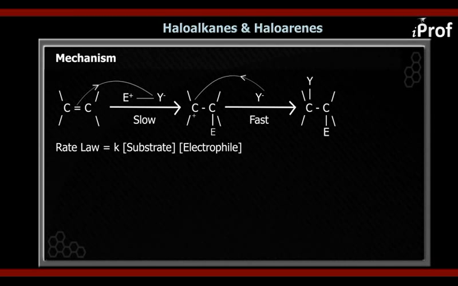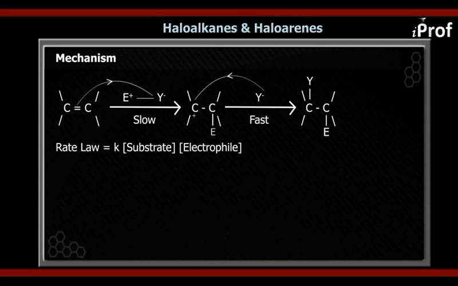Now one more question is why the first step, when the electrophile is being added to the compound, is the slow step of the mechanism. Why not the second step? There are two reasons behind it. First, the type of the compound will tell you whether the addition of the electrophile in that particular compound will be easy or difficult.